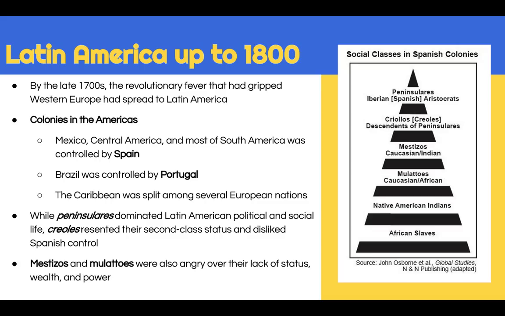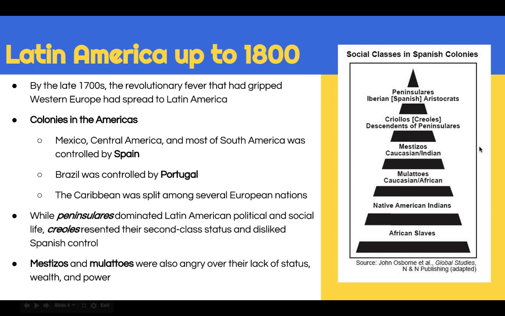Creoles were kind of second-class citizens, and they did not like this status. Creoles are white Europeans, except that they were born in the Americas, so they weren't born actually in the country of Spain, and so they're seen as a little bit less than the peninsulares. And they don't really like Spanish control. They're going to resent it.